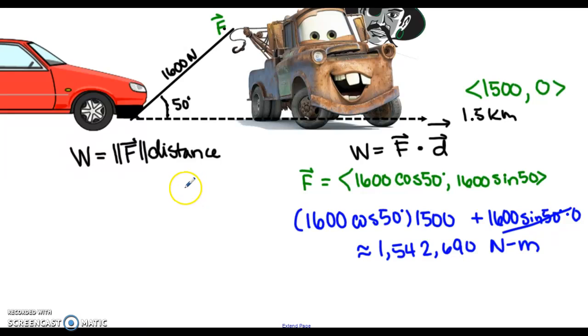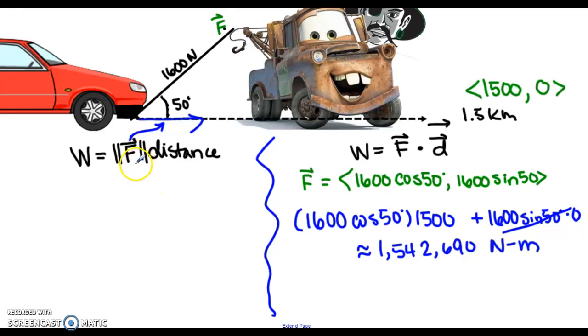The other way that we can do it is using this formula. Since we're talking about that horizontal movement here, we can also talk about the horizontal force, and that's the force that we're applying. Just the horizontal force to figure out how much work is being done.